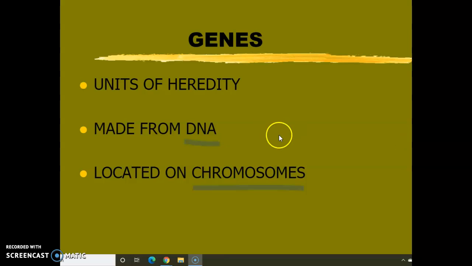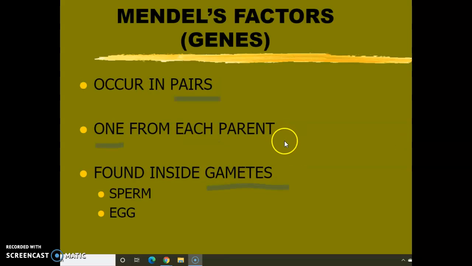Now, these factors, number 8, these factors occur in pairs, and you get one from each parent, and they're found inside the gametes. And you remember the gametes only have one of each chromosome, so you get one of each of these factors or genes as we know of them today.